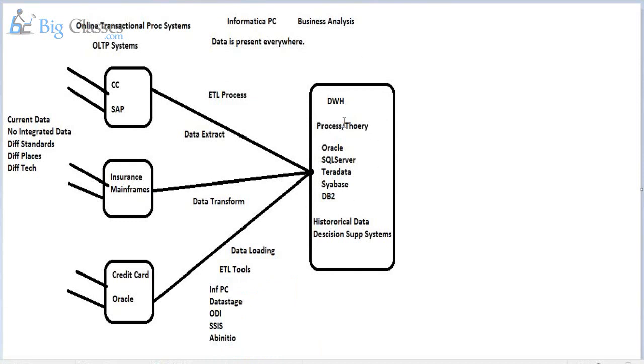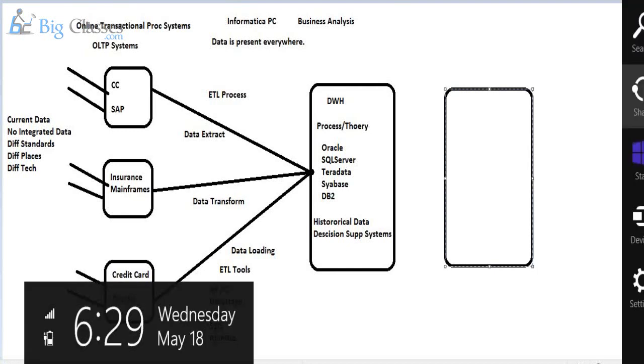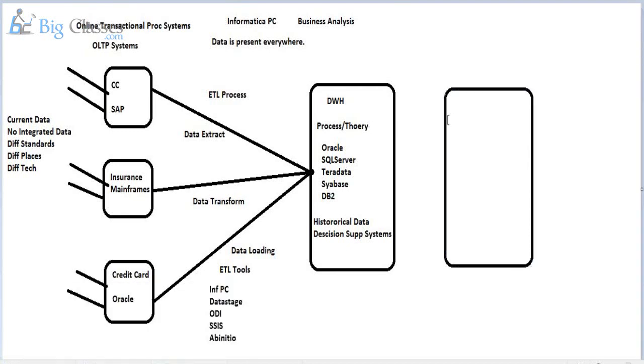Once the data is loaded into the data warehouse using these ETL tools, we present the data in the form of reports by using a BI tool. We have a layer called the business intelligence layer.